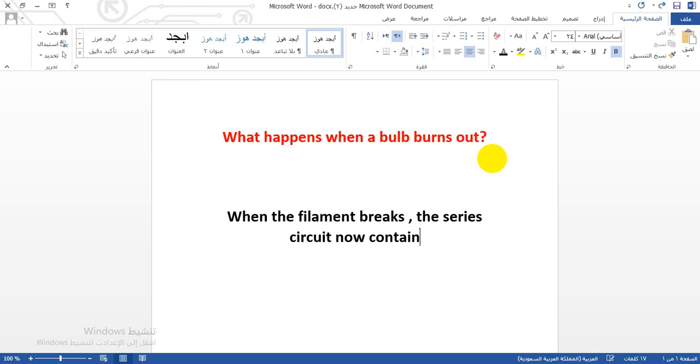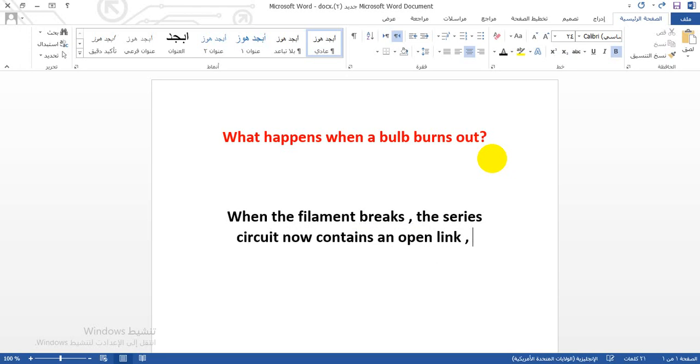It contains an open link. Okay, guys, so when a filament breaks, the circuit now contains something open. The circuit will open itself. So it's an open link.